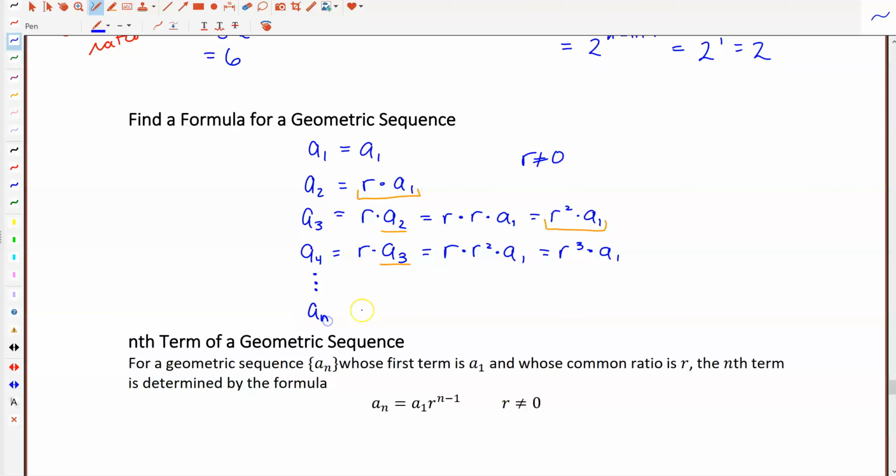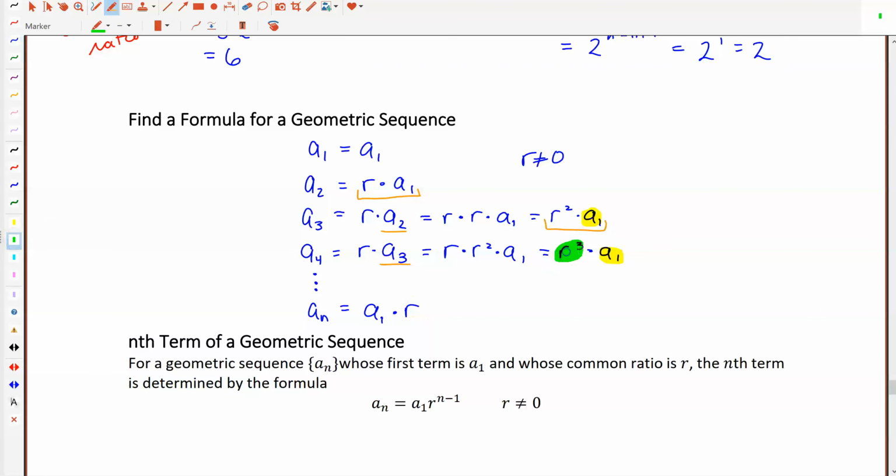So if I want to find a sub n, a general nth term, what I'm finding in these expressions I'm generating over here is they all will involve the first term a sub 1 somehow. And the other thing that is happening is they will all involve that common ratio r.